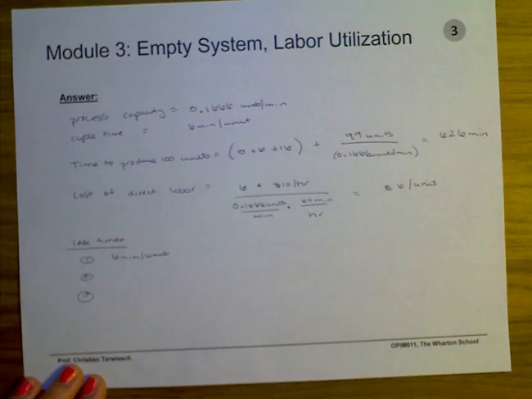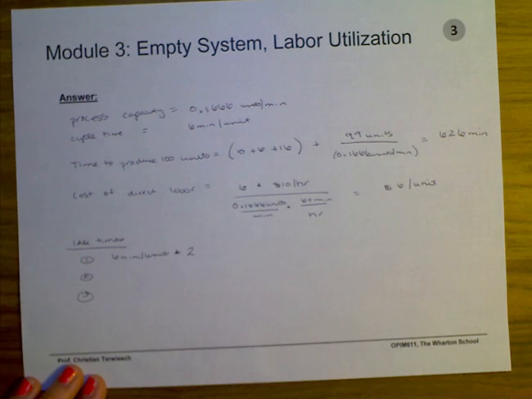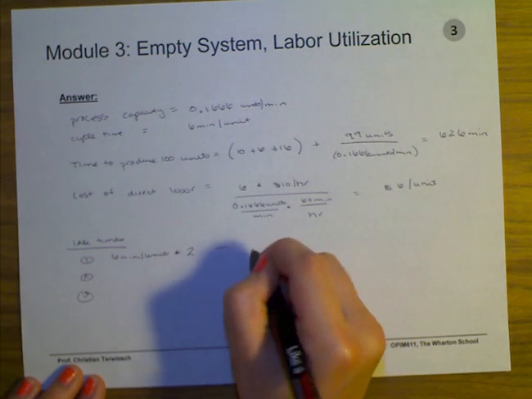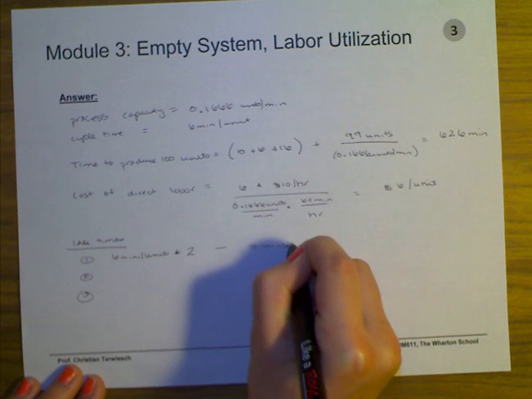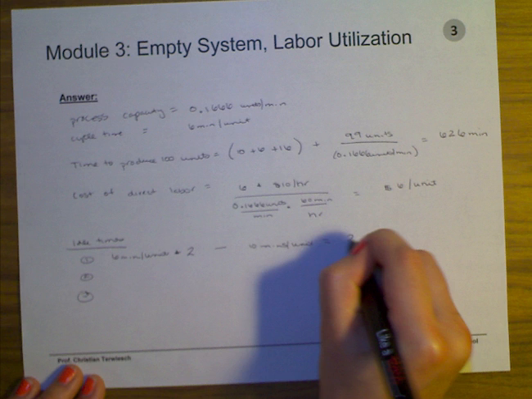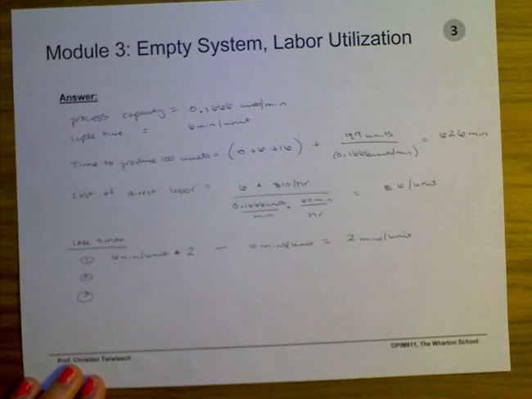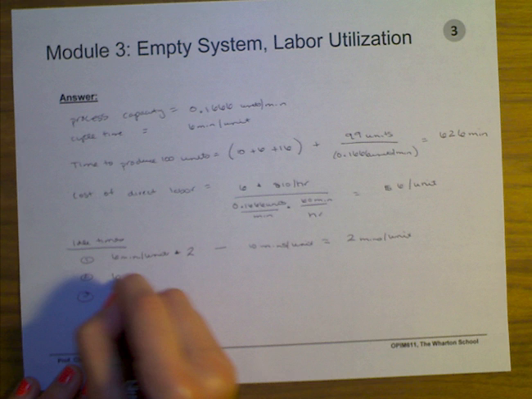And this we need to adjust for the number of workers at each of the resources. So in resource 1, we have 2 workers. And then we have a processing time of 10 minutes per unit to give us an idle time of 2 minutes per unit here.